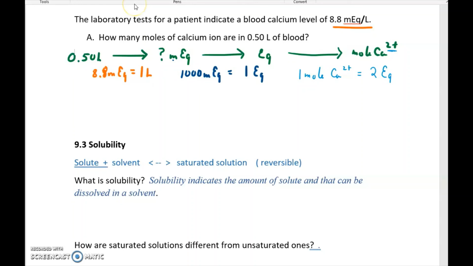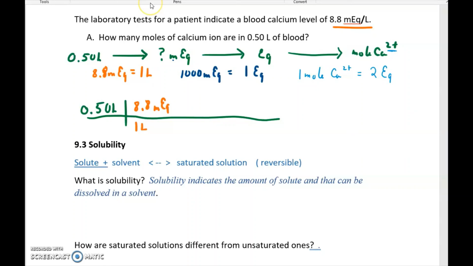So now we're ready to set up our problem. We're going to start with the 0.5 liters of blood. Okay, our first conversion will be to get rid of the liters and change it into milliequivalents.